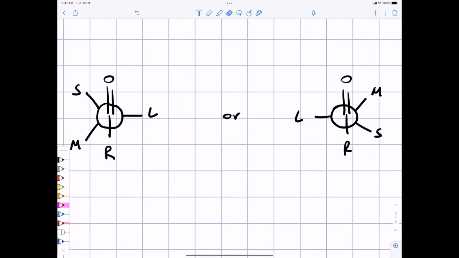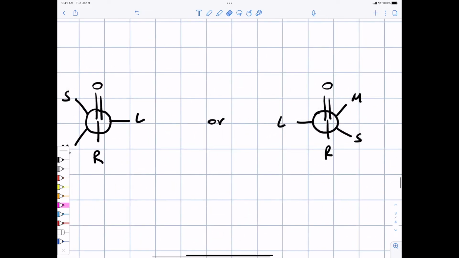But that's not how carbonyl addition happens. The Bürgi-Dunitz angle says that the incoming trajectory of the nucleophile needs to be at about 105 degrees. I did that on the wrong side, didn't I?